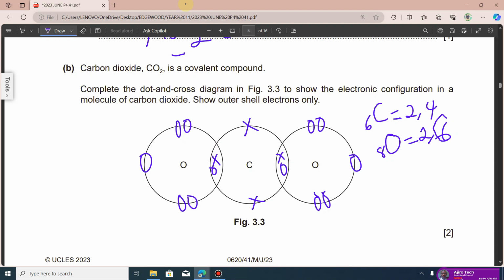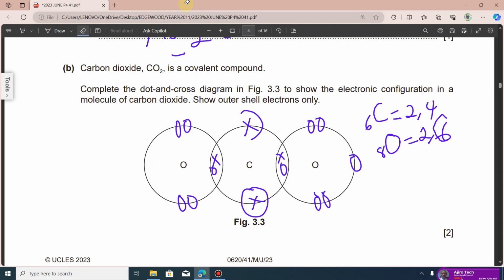Carbon has these extra electrons that would come in here to bond with the oxygen atoms that need electrons, so we restructure it to show how it is supposed to be a covalent bond.